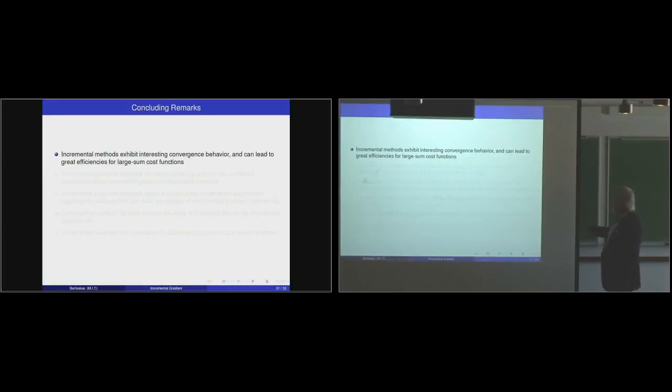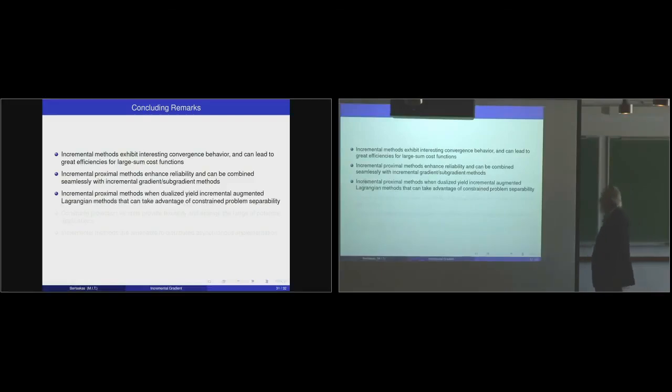There's interesting convergence behavior, both for incremental pure and incremental aggregated. It's possible to have proximal methods as well as incremental gradient, subgradient. You can combine them seamlessly for better reliability and convenience.